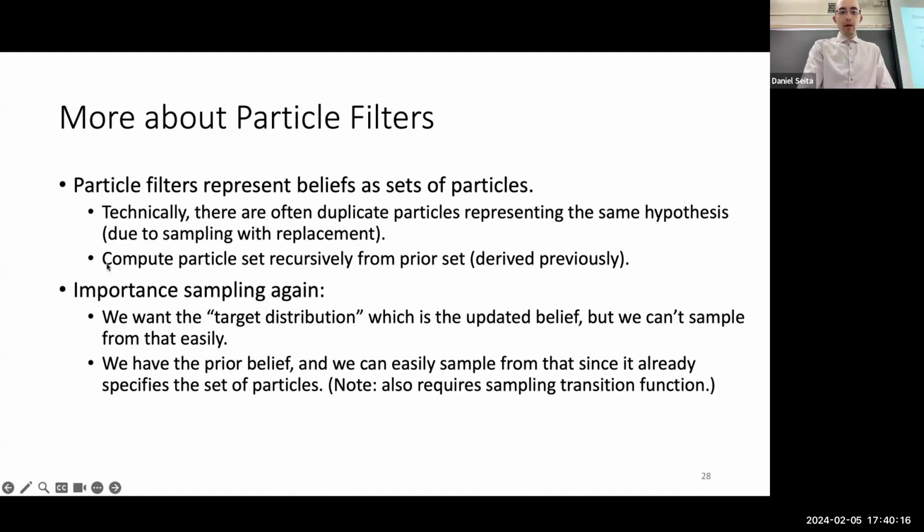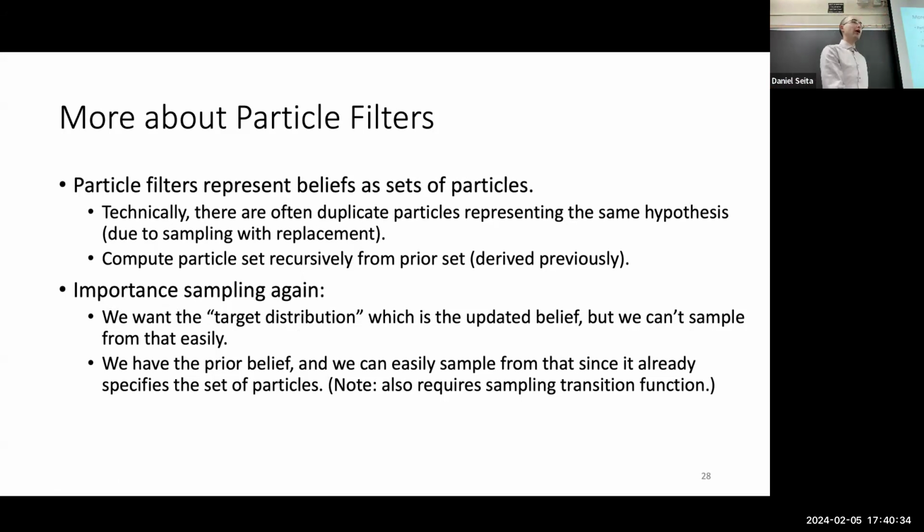And then again, we compute the particle set recursively from the prior set. We would want the target distribution, which is the updated belief, but we don't know that yet.